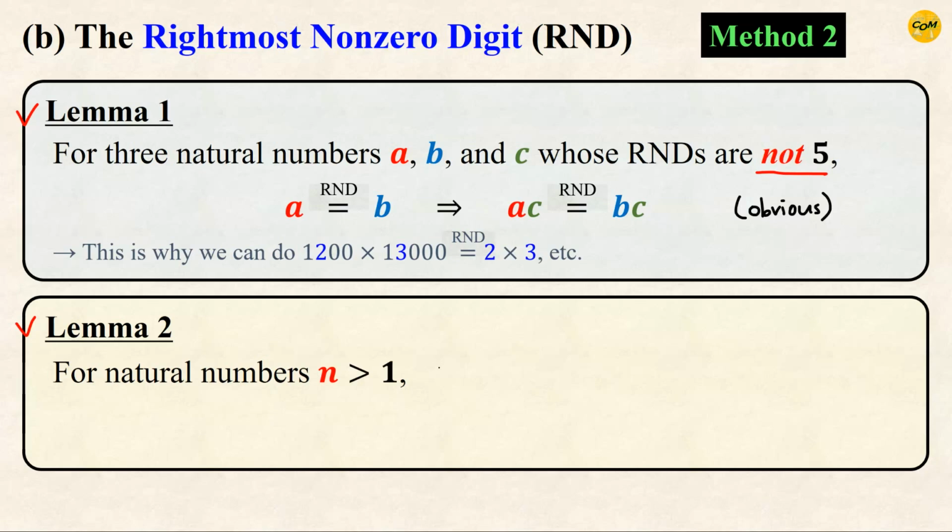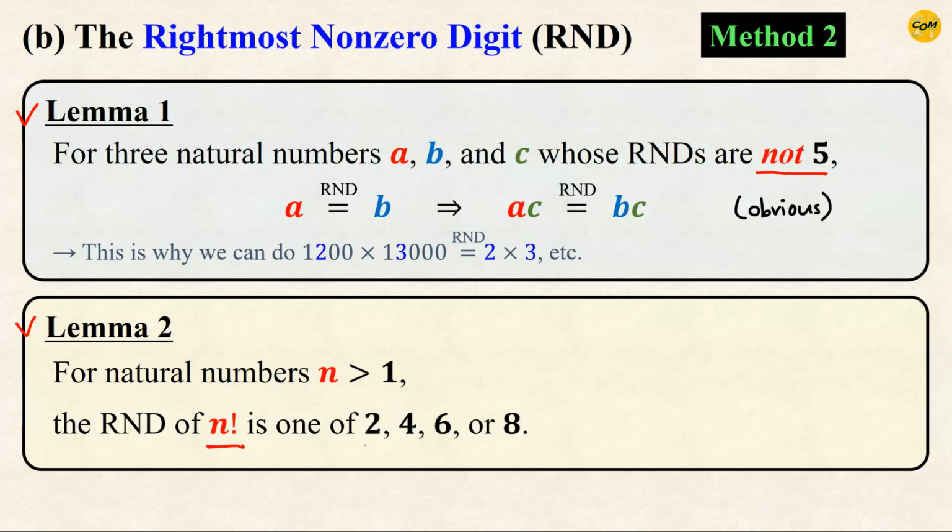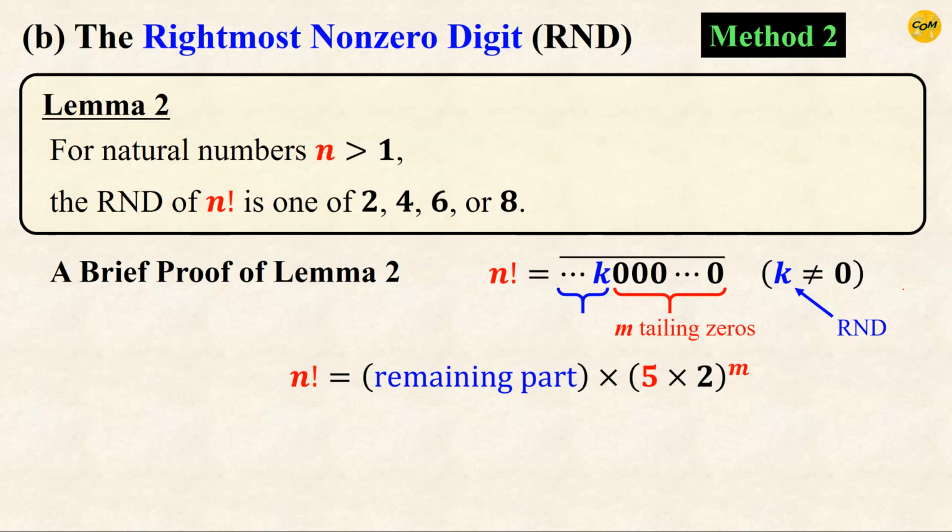The second lemma is also very intuitive. For natural numbers n greater than 1, the rightmost non-zero digit of n factorial is one of 2, 4, 6, or 8. Here, I will only briefly explain why lemma 2 is true. I have already explained that the number of trailing zeros is equal to the number of prime factors 5.